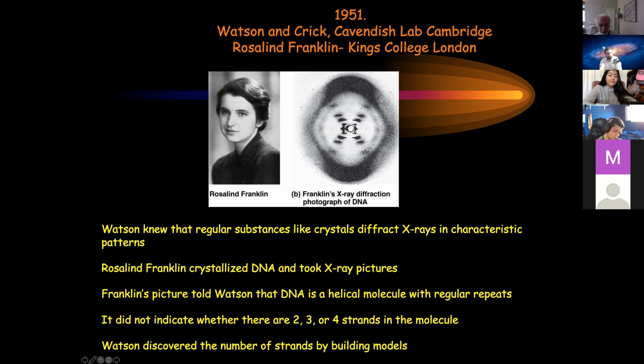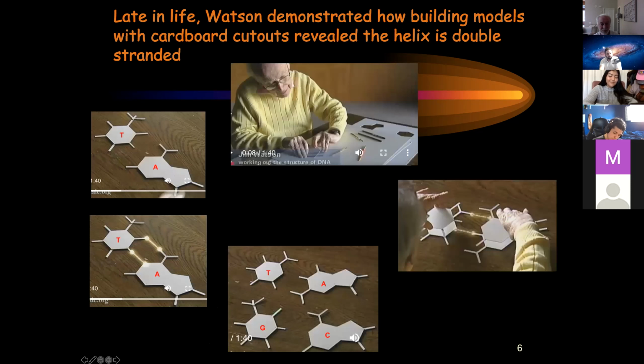He didn't know how many strands there were. Could have been 2, 3, or 4. And he discovered the number of strands by building models. And there's a video showing Watson in his old age, showing how he made cardboard cutouts representing T's and A's and G's and C's.